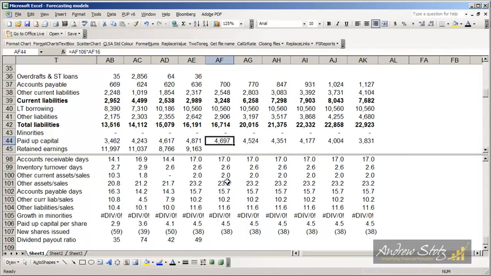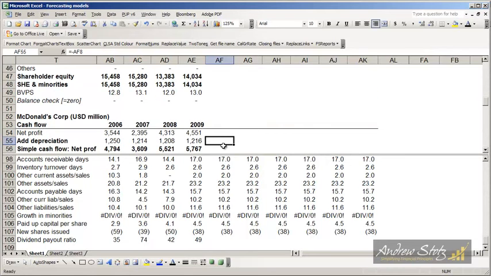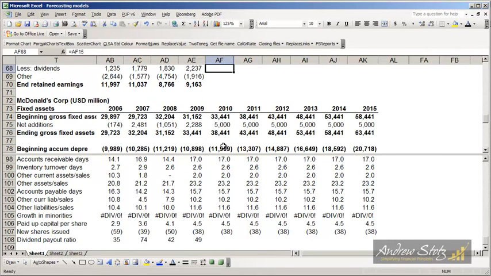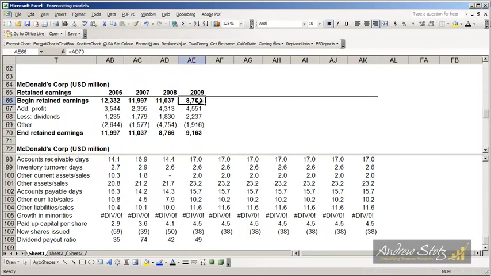Now the next thing that we want to do is look at retained earnings. Before we get into retained earnings in the balance sheet, we're going to have to go down to our retained earnings statement here. And what we can see is that we can start off for our forecast period here and know that in the beginning of 2010, we're going to start off wherever we were at the end of 2009.